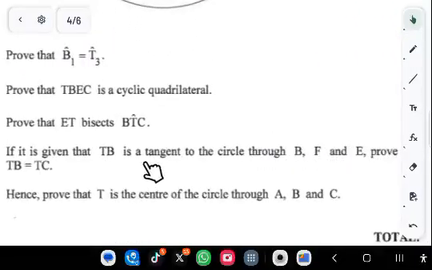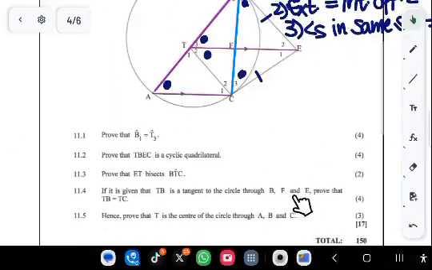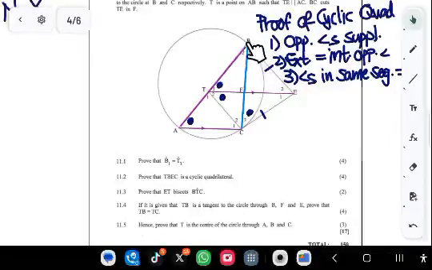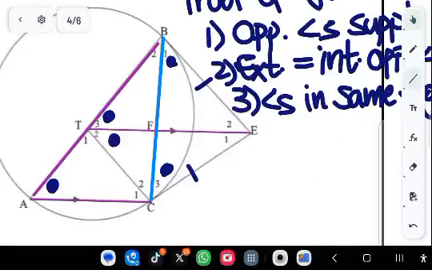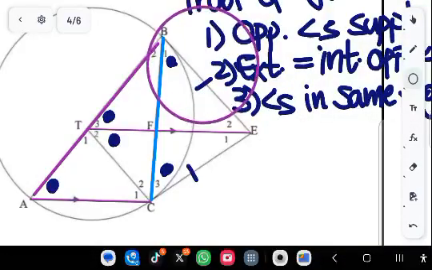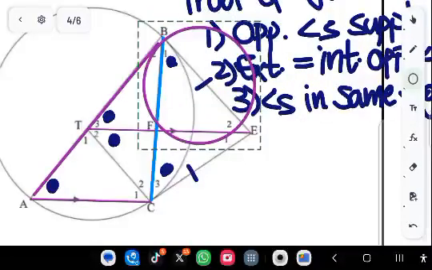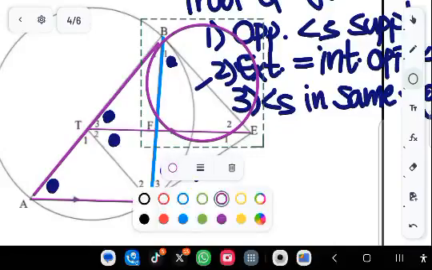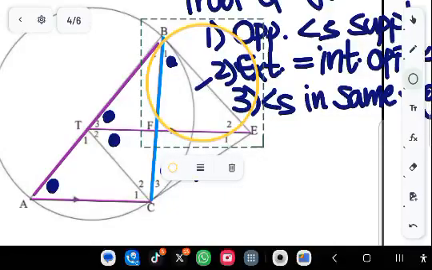11.4. If it is given that TB is a tangent to the circle through B, F, and E, that is the triangle. Let's draw the circle so you can see what we are working with. Let's change the color of the circle to something else, maybe yellow.